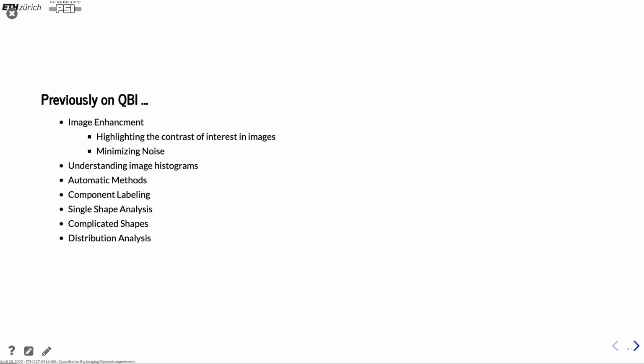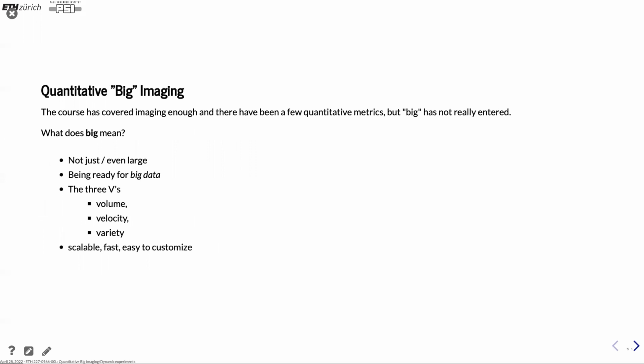From there on, component labeling to identify different objects in the data, and then see what each object actually represents in the image. And just before Easter, we also looked into some impacts of statistics and some technical details about data frames and visualization. So we have quite much.